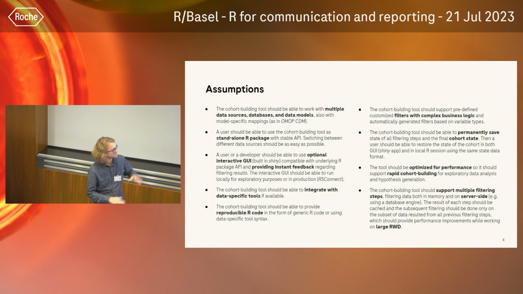And the very specific assumption, multiple filtering steps. So usually we come with the first specific configuration for the large source data, get the result, and then continue working on a much smaller data set, usually in the R memory or somewhere else.